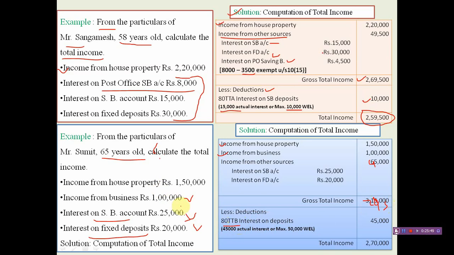As he is a senior citizen, he can get a deduction under section 80TTB for the interest on deposits. Okay, so 50,000 maximum allowable. So total interest on deposit in total it is 45,000. Maximum is 50,000. So deduction allowable is 45,000. Okay, so deduct 45,000 from the gross total income 2,95,000. 2,50,000 it is the total income.